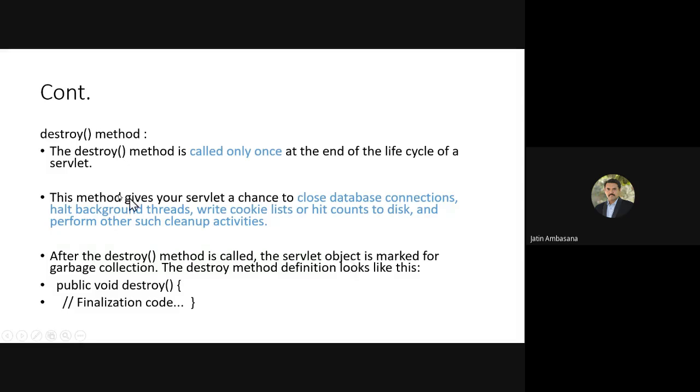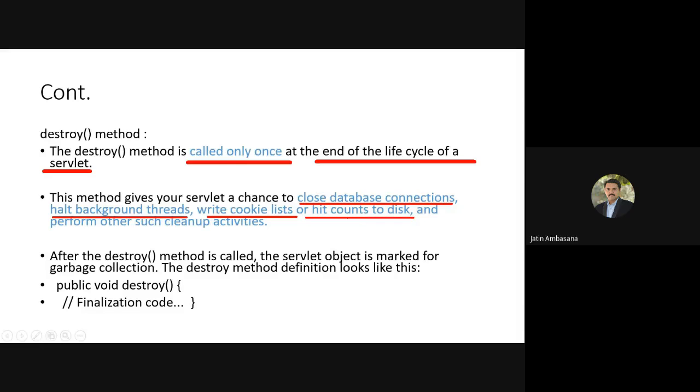And then comes the destroy method. The destroy method is called only once, at the end of the life cycle of the servlet. Why do we require this? Because it helps us close things like database connections if we have any open connections remaining in the application. It may even halt background threads, or help you write cookie lists or hit counts to the disk, for example how many users had visited the site till this point of time.